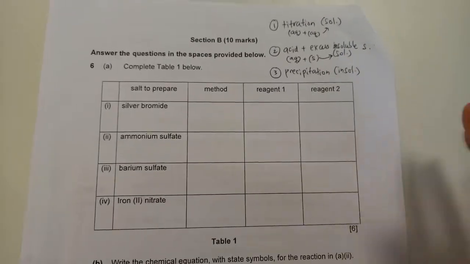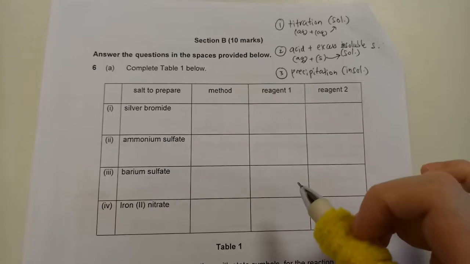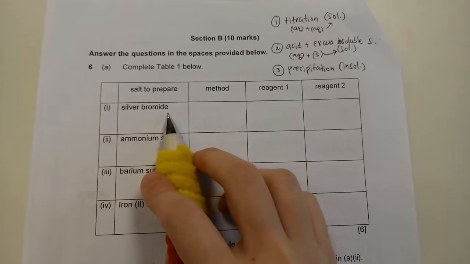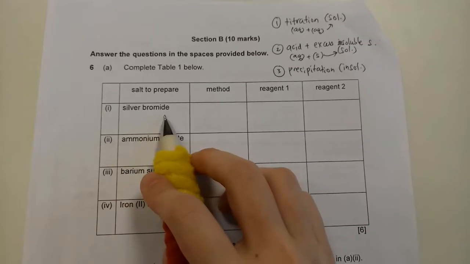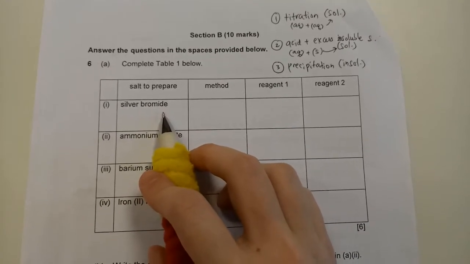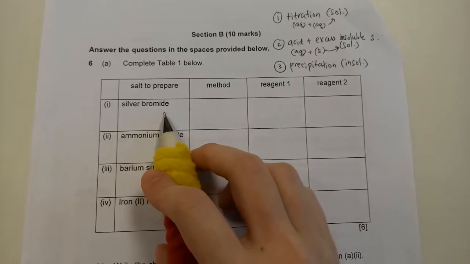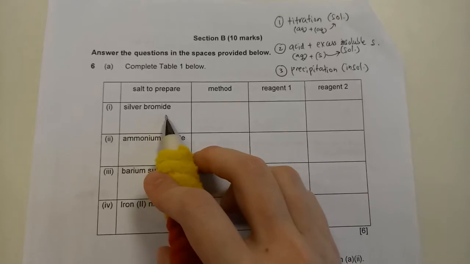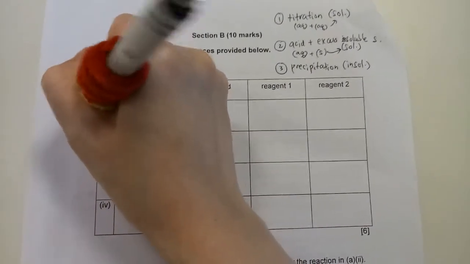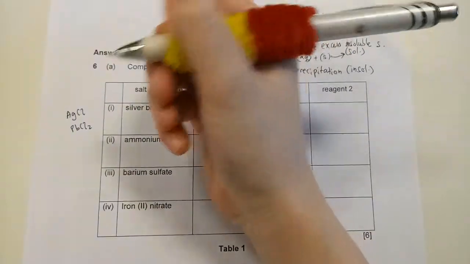So in order to do this, you must memorize your solubility table. First question to ask ourselves: is this salt soluble or insoluble? Based on your solubility table, we know that for chlorides, silver chlorides and lead chlorides are insoluble.